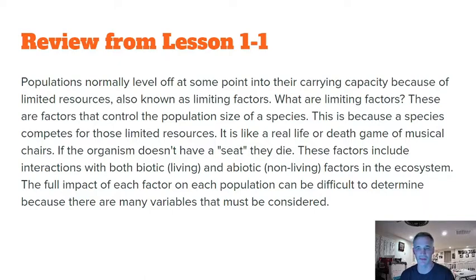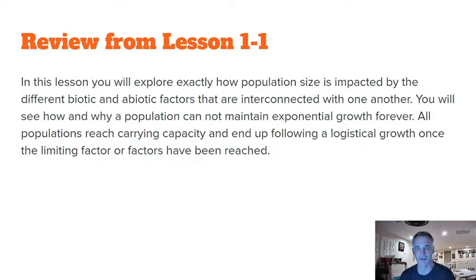So a lot of the bunnies might end up dying, but also some of the coyotes might die because there are so many of them and they're not going to have enough food. So these factors, again, could be biotic, living, or abiotic, non-living factors within an ecosystem. And we'll go through that and talk about what each one is.